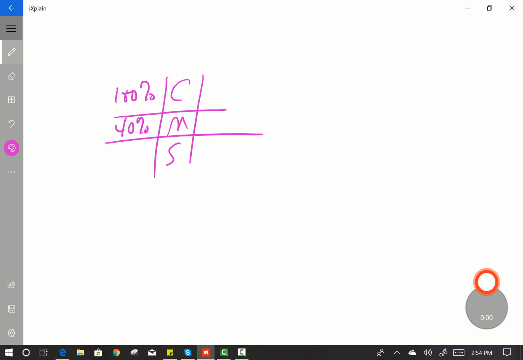The difference between the cost and the selling price of these jeans is $11.50. I'm going to make this a part since I'm on the right-hand side and go straight to the left and solve for the rate. The rate is equal to the part divided by the base. The part is $11.50 divided by the base of $38.